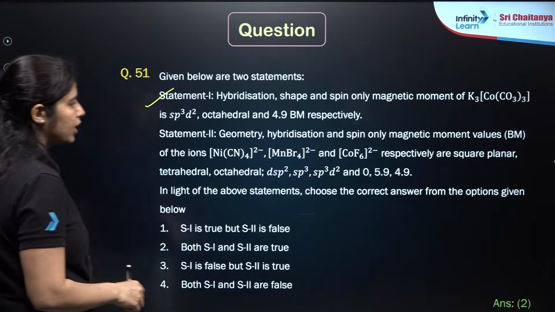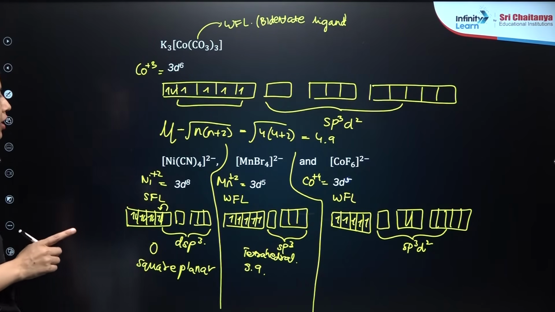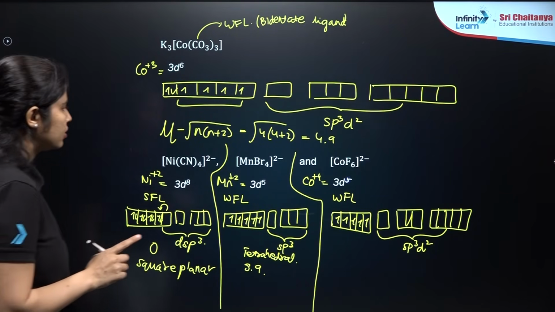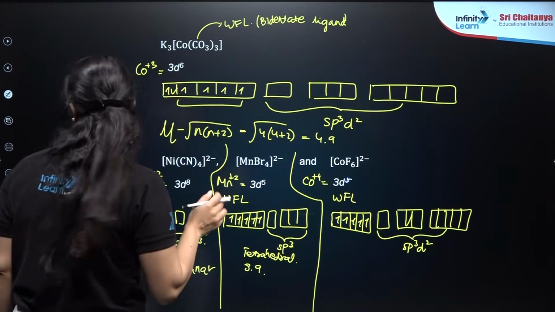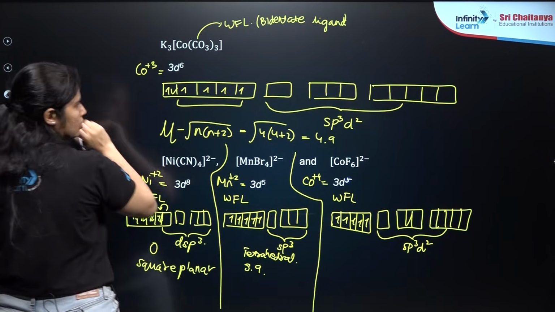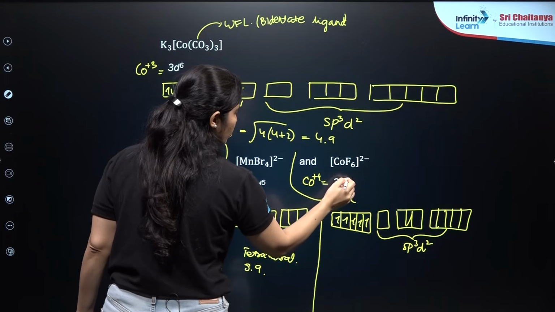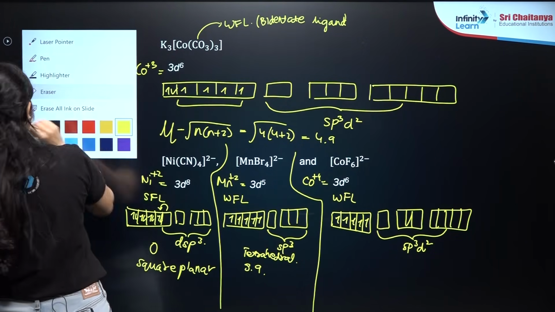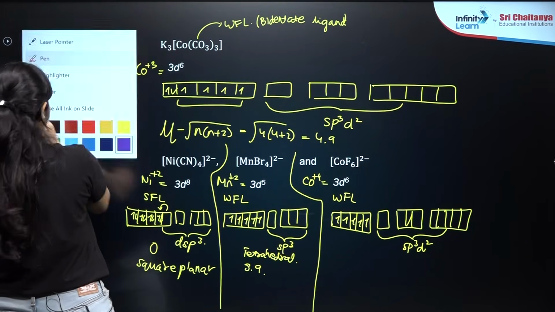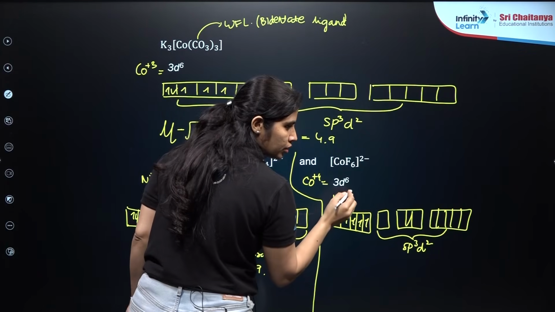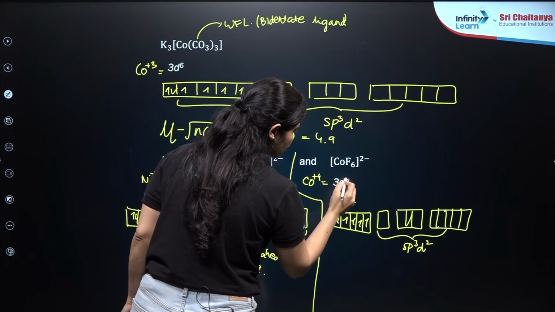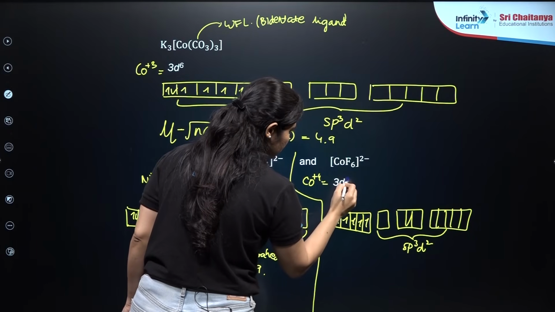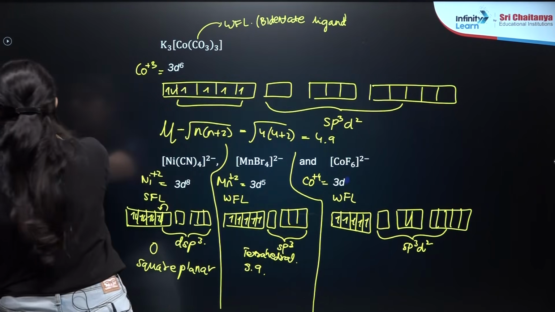Again, how many unpaired electrons do we have? Actually here, I think, one second, cobalt, yes, it is going to be 4. 4 electrons, sorry. Let me just make a tiny correction over here: not 5, but 4.